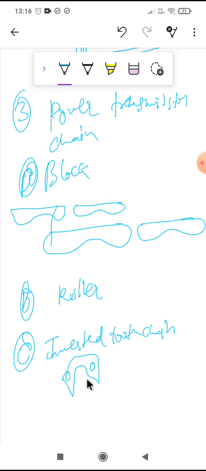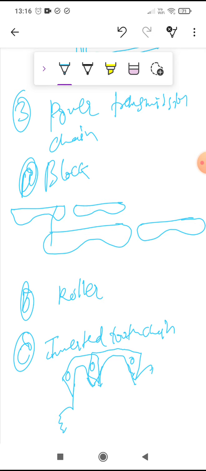Similarly, there will be another member similar in diagram. So this is the inverted tooth chain. The tooth is just inverted, and this will be your pulley which will have teeth, similar to the gear type.